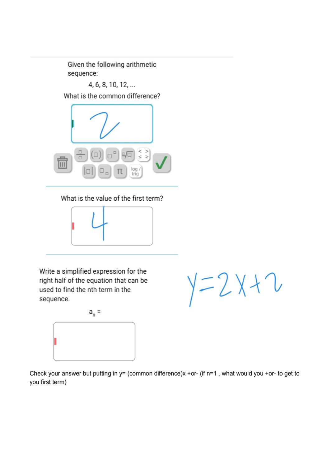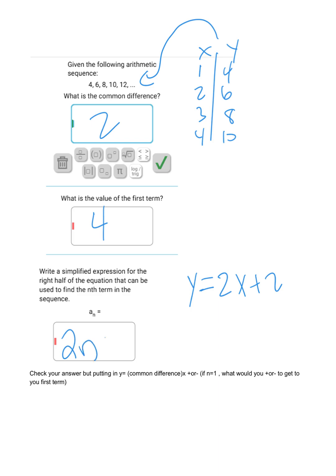So your table would look like 1 and 4. Your second term would be 6. Your third term would be 8, and so on. Fourth term is 10. So that's what this looks like in a table. So your answer for this would not be 2x plus 2 or y equals, it would be 2n plus 2. Put it in terms of n. Okay?